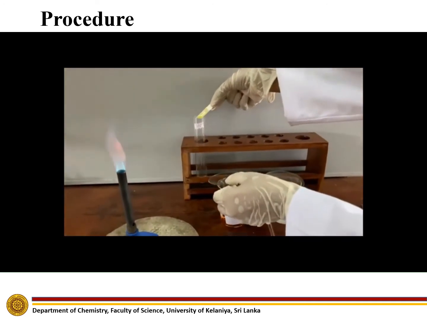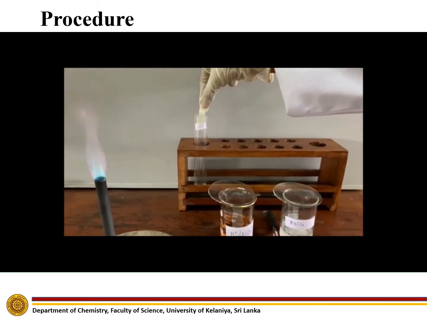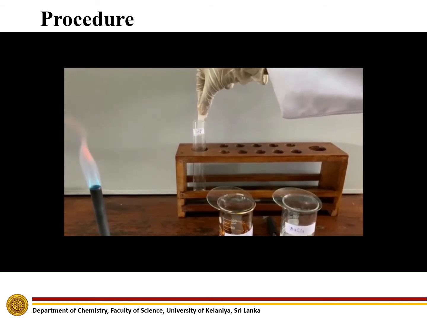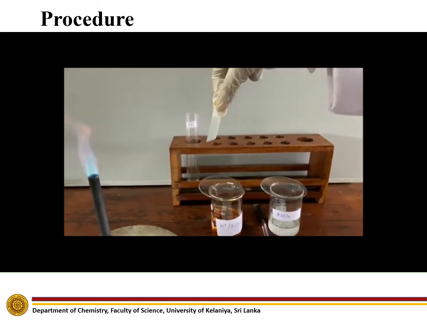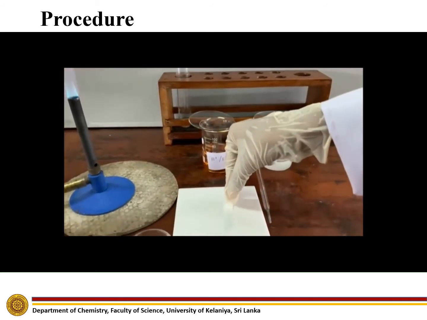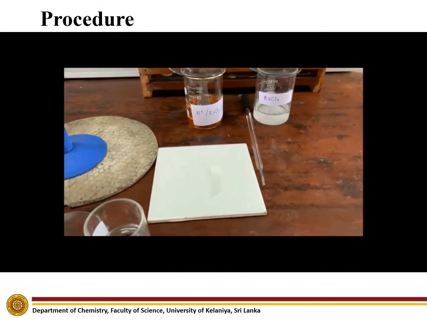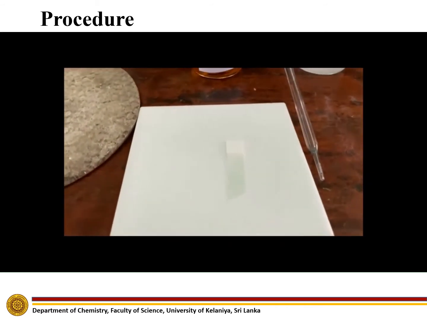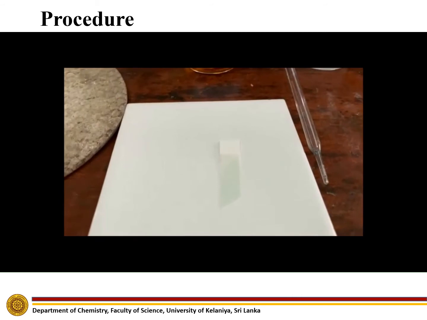Then place a filter paper moistened with acidified potassium dichromate over the mouth of the boiling tube. The color will change to green.